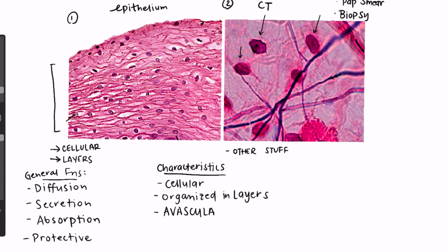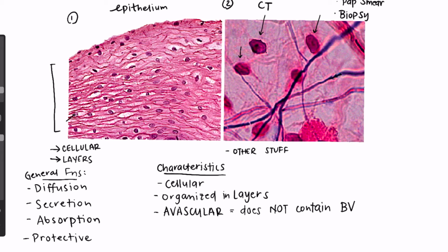And what that means is that it does not contain blood vessels. And let me give you an example of this. Maybe you have cut your skin, the surface of your skin, so shallowly where it doesn't draw blood, right? Maybe you've done that before with like a shallow paper cut. It's been able to do that because the top surface of our skin is epithelia, and it does not have blood vessels in it.